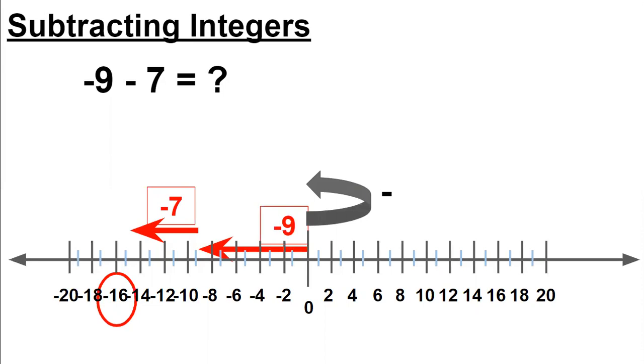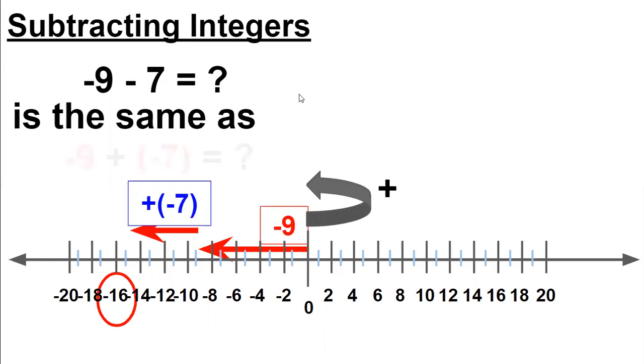We keep the -9 there. We change to an addition equation. And what is our -7 going to become? Positive or plus adding -7. So it's the same as saying -9 plus -7. And then that's easy to figure out the answer to. We owe $9 and we owe $7.